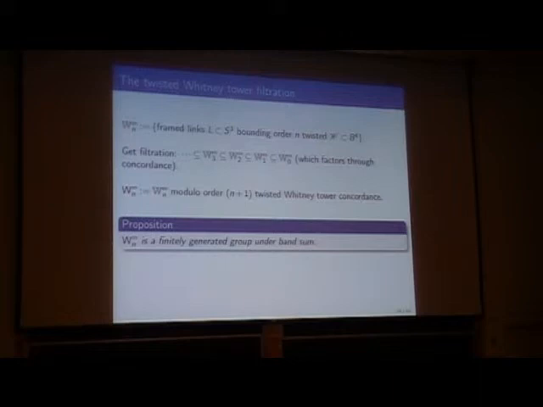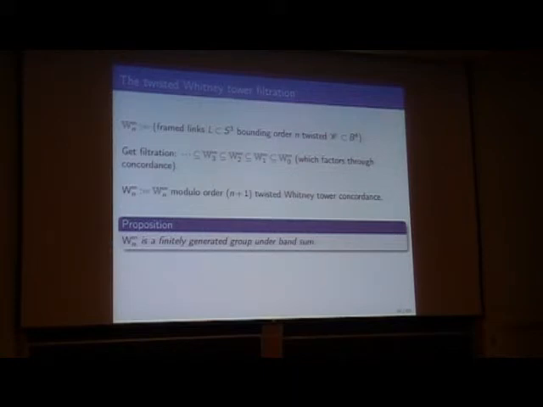So the band sum on links, which is usually not well defined, for instance, up to concordance, works in this setting roughly because the links in this set are determined, as elements in this group, by their intersection invariant.